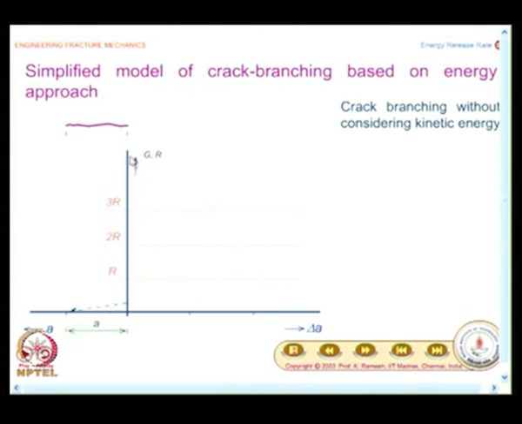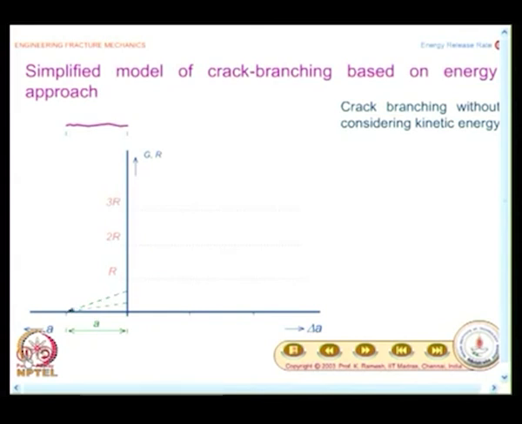What you will have to look at is, I would be showing the crack growth in this place and you would be seeing the energy availability here. You should see these two, then you would be able to understand quite well.